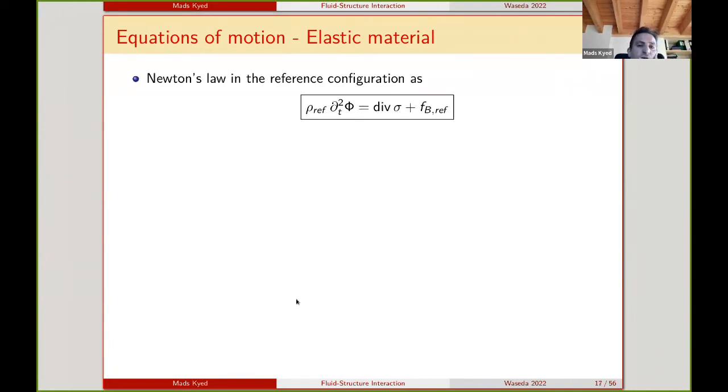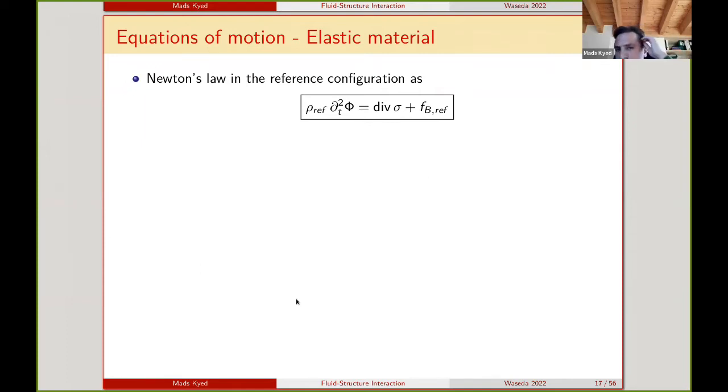Okay, Newton's law in the reference configuration. We have mass times acceleration is equal to force.